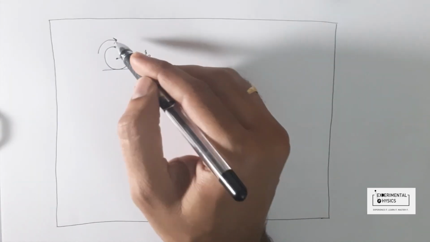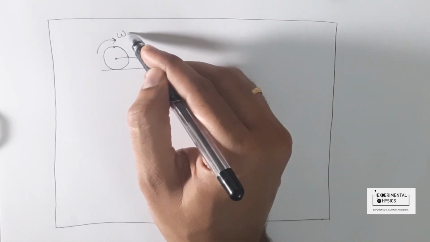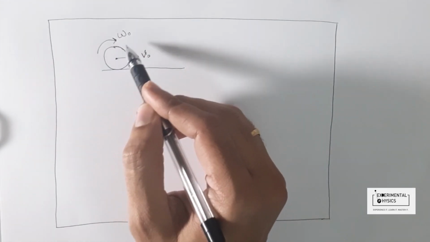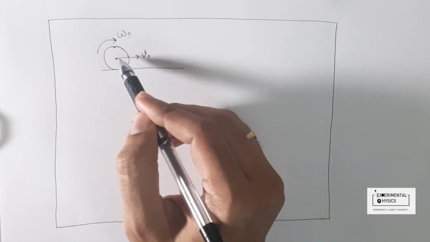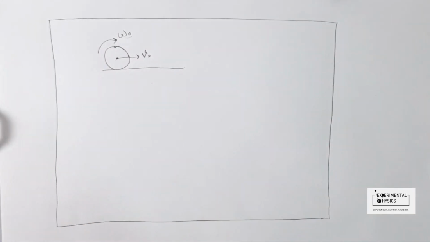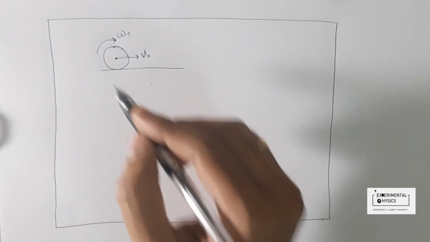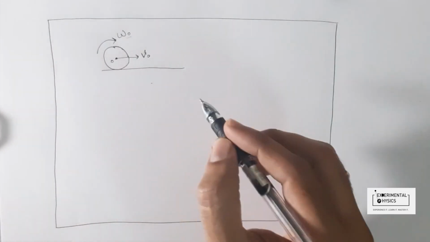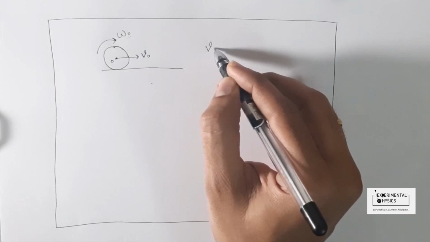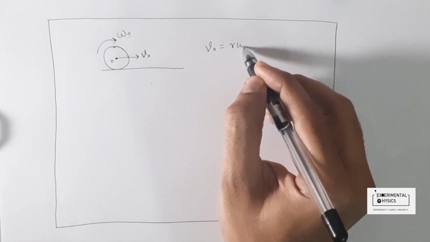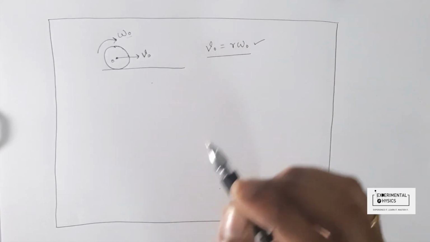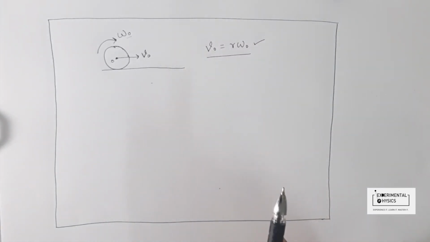Suppose this is your angular velocity omega naught, with which it is moving about the center of mass of the object, point O. Now, in such cases, we have the equation v naught is equal to R omega naught. If this equation holds true, we say that the object is purely rolling.